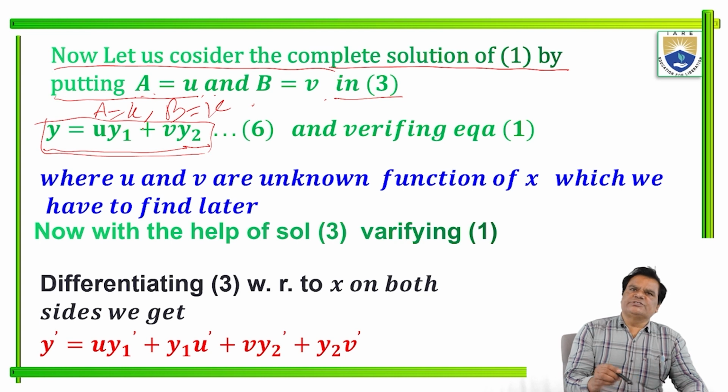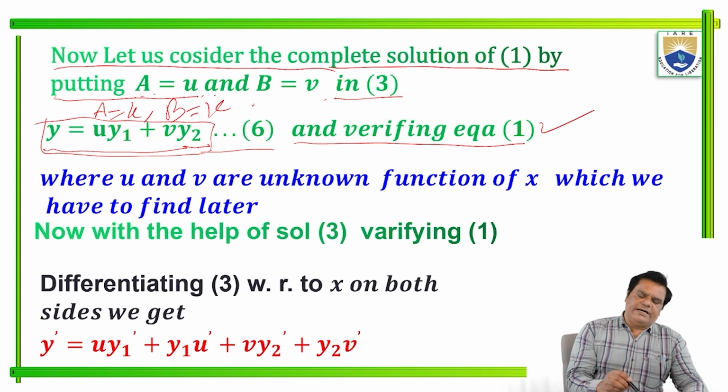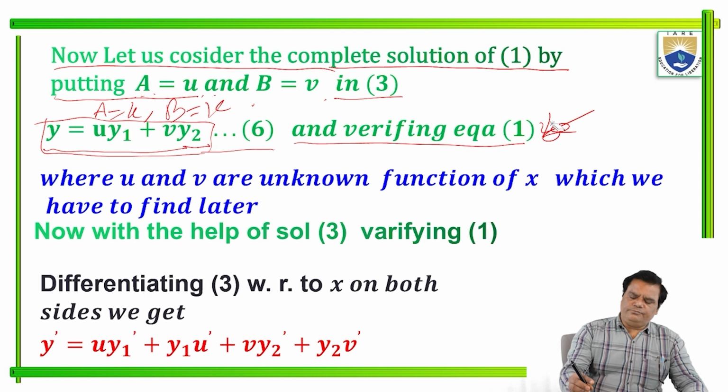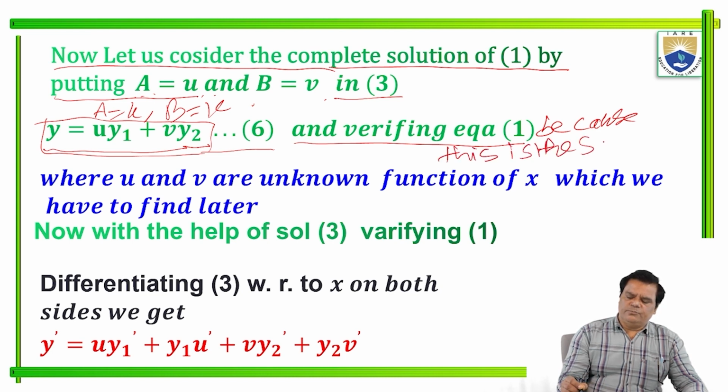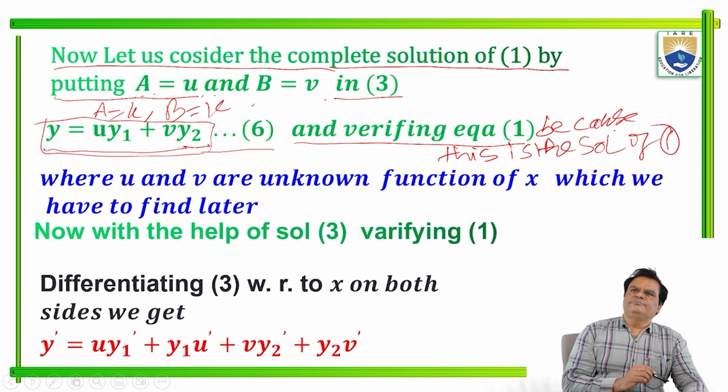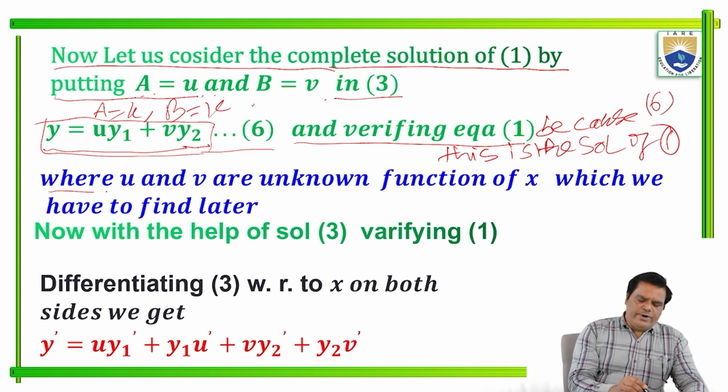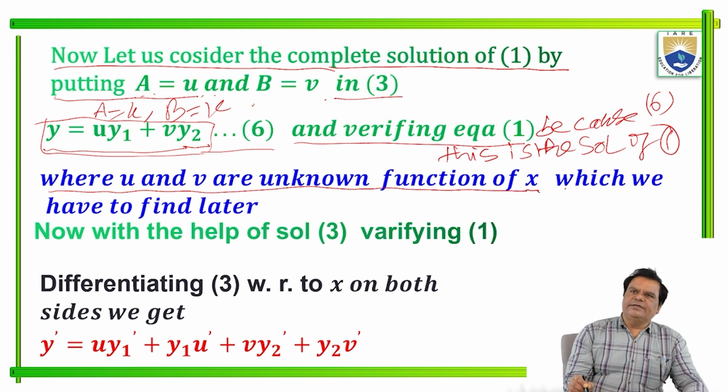This is the complete solution 6, and it verifies equation 1, because 6 is the solution of 1. Here u and v are unknown functions of x, which we have to find later.